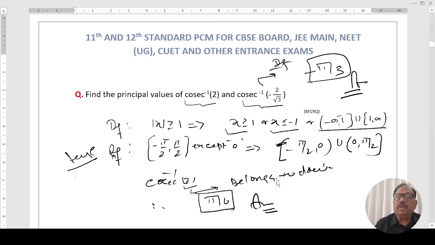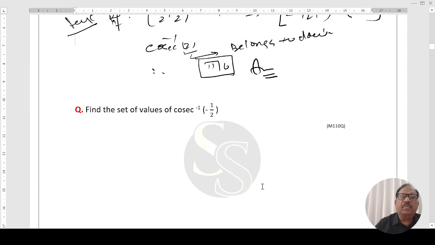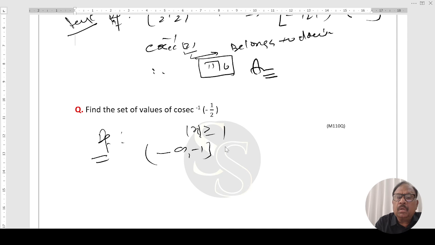Right? Next question. Find the set of values of cosec inverse of minus 1 by 2. Domain of cosec inverse x is mod x greater than or equal to 1, or minus infinity to minus 1 union 1 to infinity.